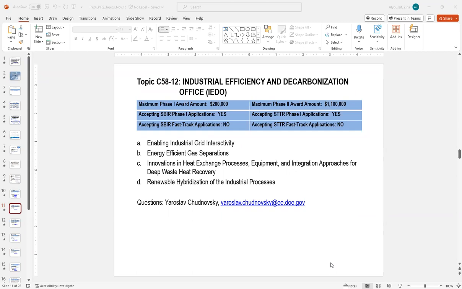Would our software be in scope for this subtopic? Yes, so I would say that application area sounds like it is in scope, and in general, applicants should just make the case that their technology is relevant to manufacturing processes in the manufacturing sector.